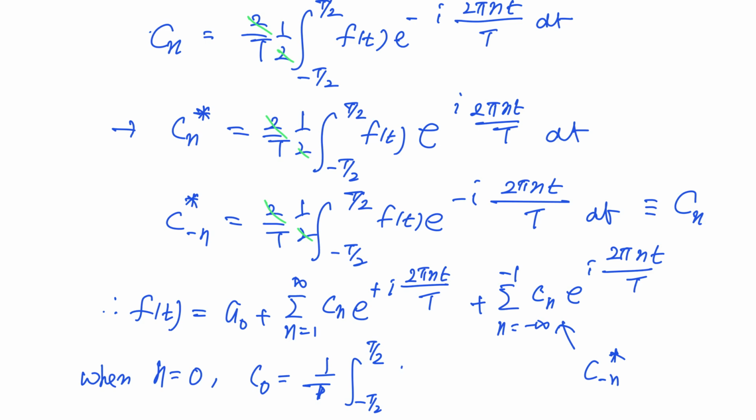So f(t) dt, which is the same as what? A0. So we can represent the Fourier series using just one coefficient, Cn.